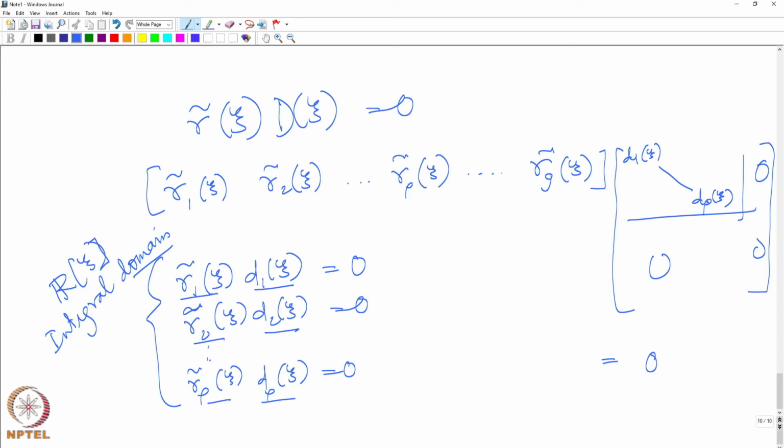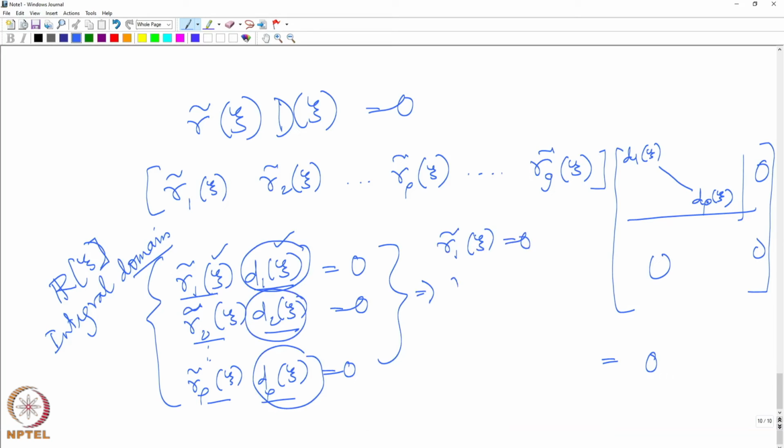For a product to be 0, at least one of them has to be 0, but we already know that D1, D2 up to D rho are non-zero. So all these conditions imply that R1 tilde(ξ) must be 0, R2 tilde(ξ) must be 0, and so on up to R rho tilde(ξ) must be equal to 0.